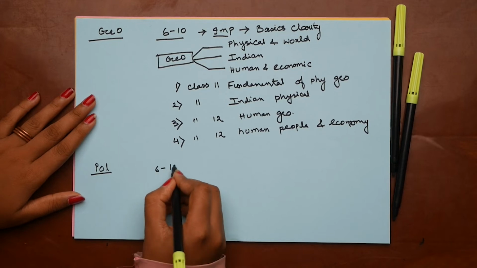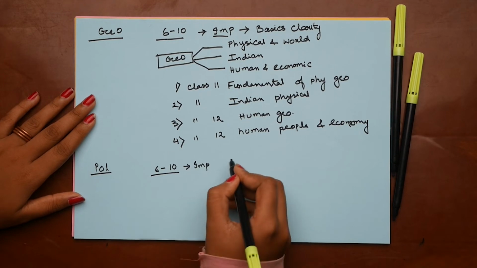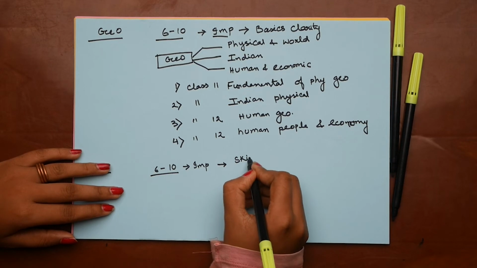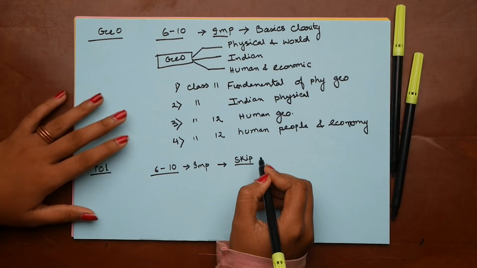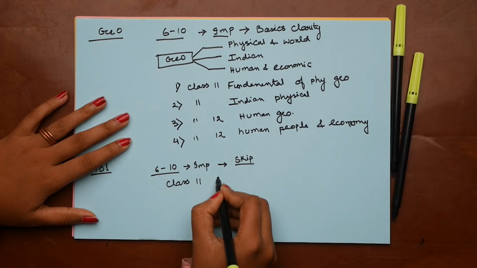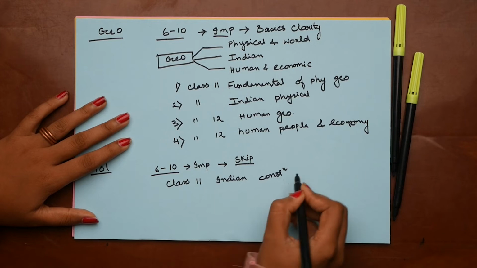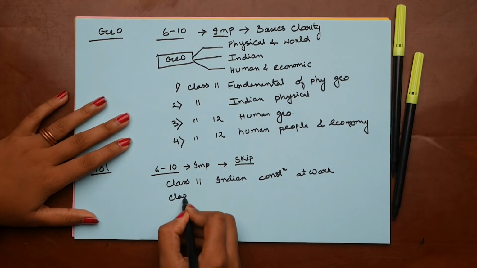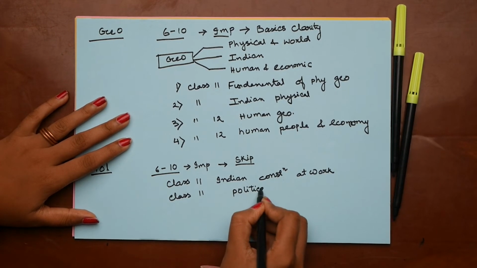For polity, again 6 to 10 NCERT books are important. Again, if you have basic clarity, you can skip it. No issues at all. What are the books you have to follow? The must-read books are class 11, Indian Constitution at Work, and class 11, Political Theory.